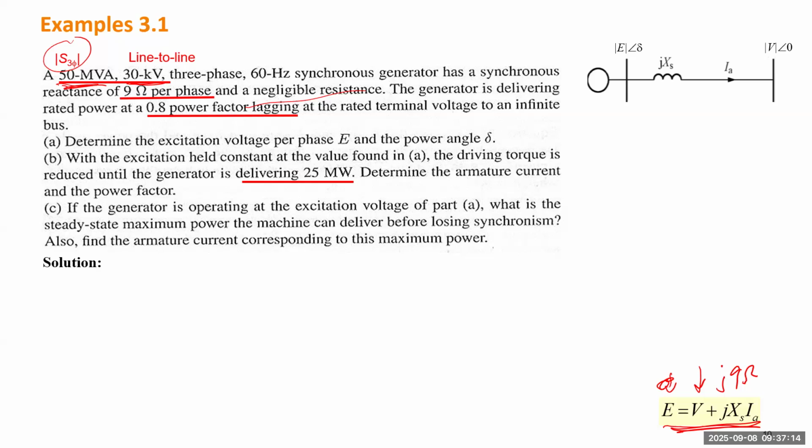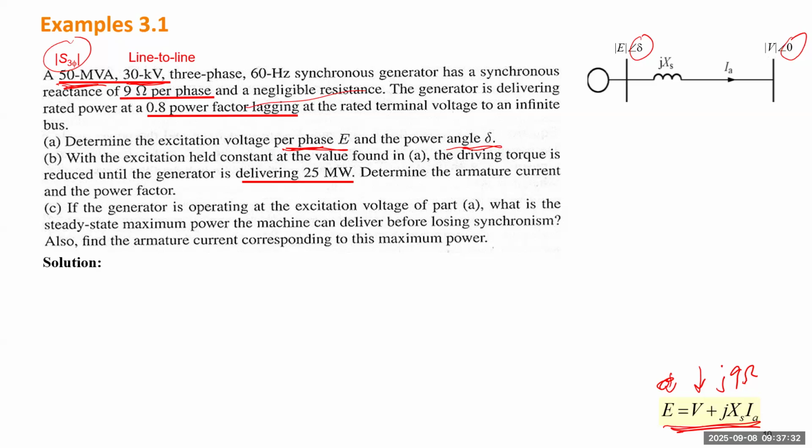The first one, we want to determine the excitation voltage E for each phase, and also the power angle. Angle delta is how much E is leading the external voltage.